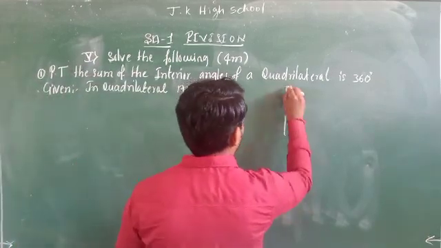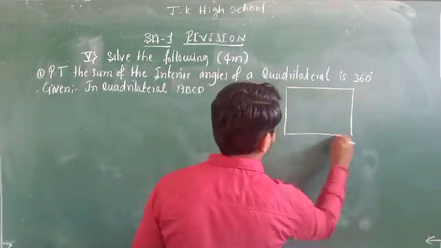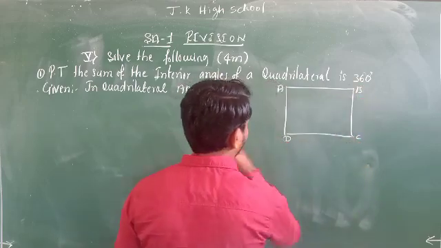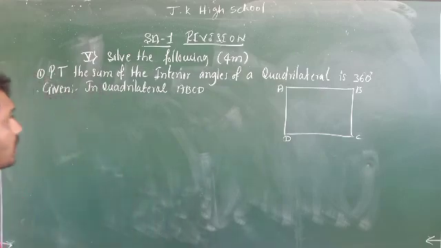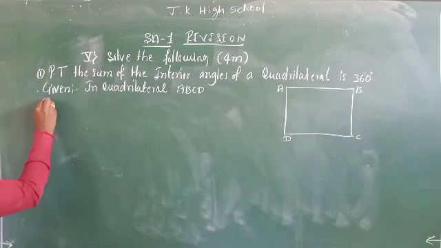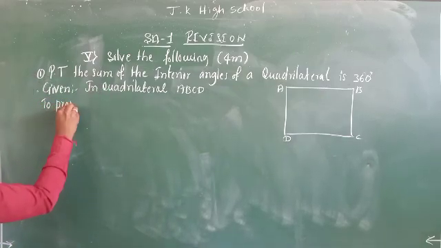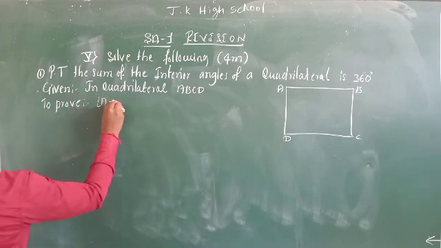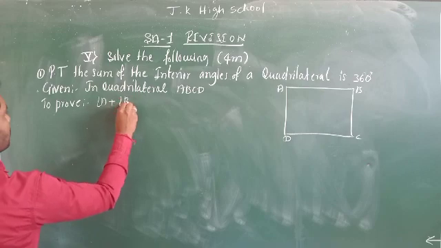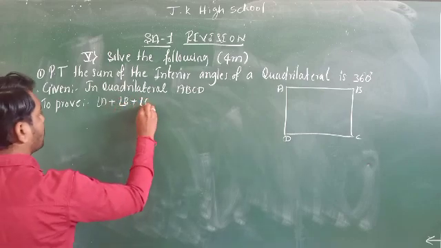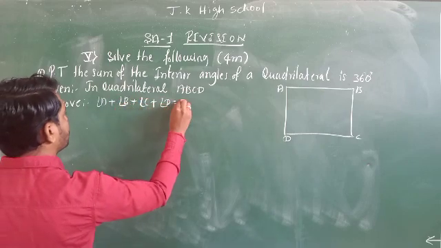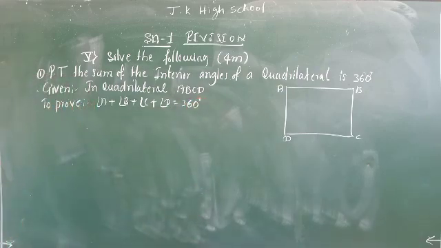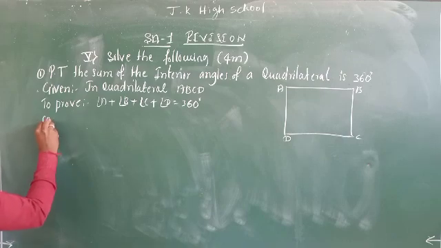So let us consider quadrilateral A, B, C and D. Given to prove, what will we write? Angle A plus angle B plus angle C plus angle D overall is equal to how much? 360 degree.